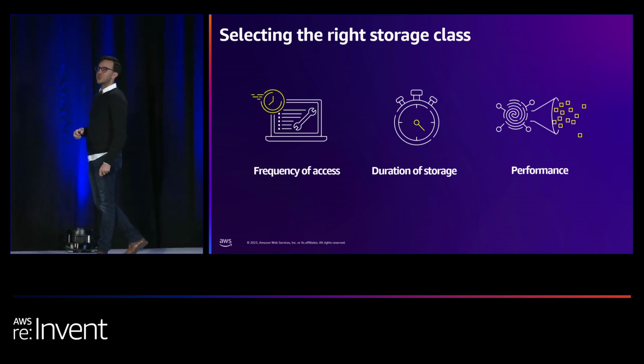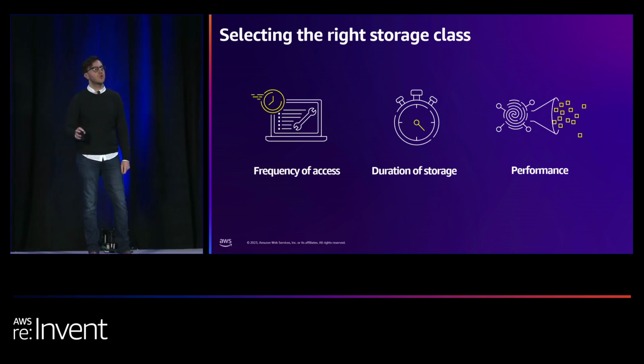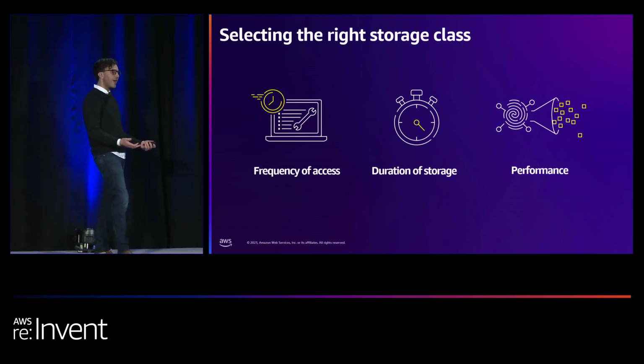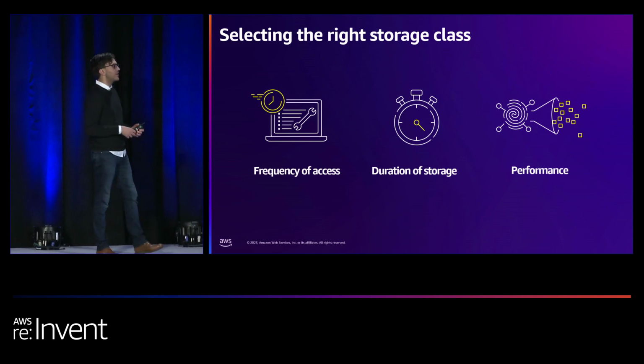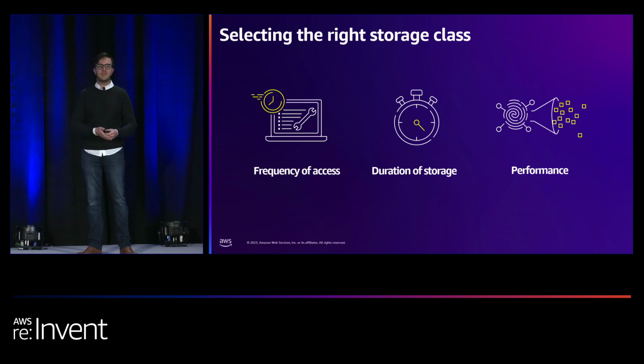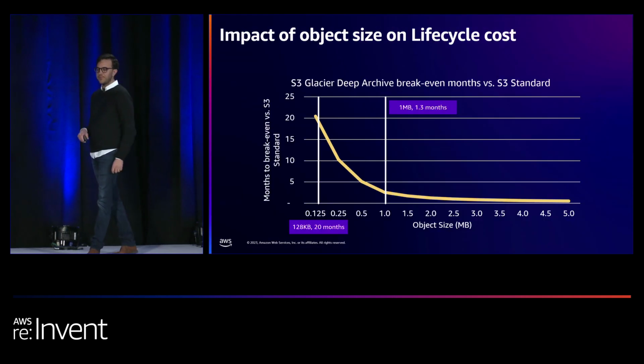Additionally, S3 Glacier Instant Retrieval has a minimum storage duration of 90 days. So let's say that you expect to upload a file and delete it within 90 days. We'd recommend that you keep that either in S3 Standard or S3 Standard-Infrequent Access.